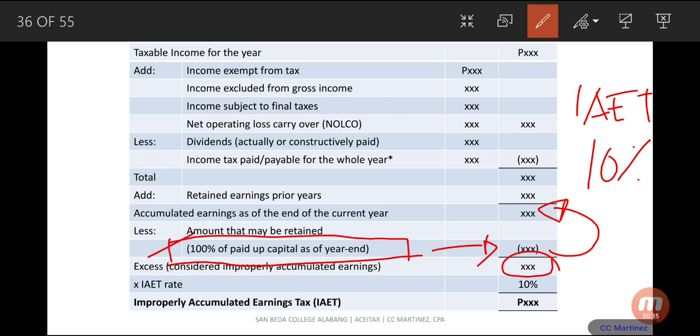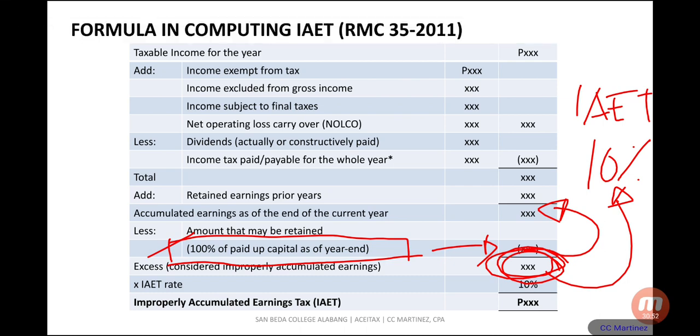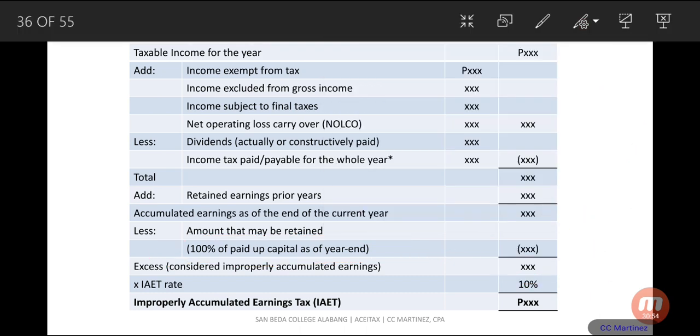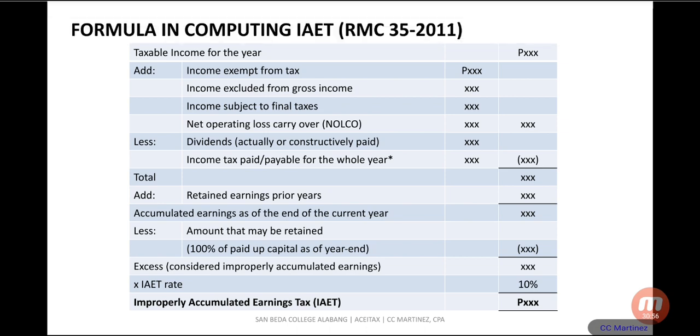Yung 100% paid up capital as of year end, na dapat hindi dyan lalagpas yung accumulated earnings mo. And any excess, subject yan sa 10% na tax rate. Okay. So, next.